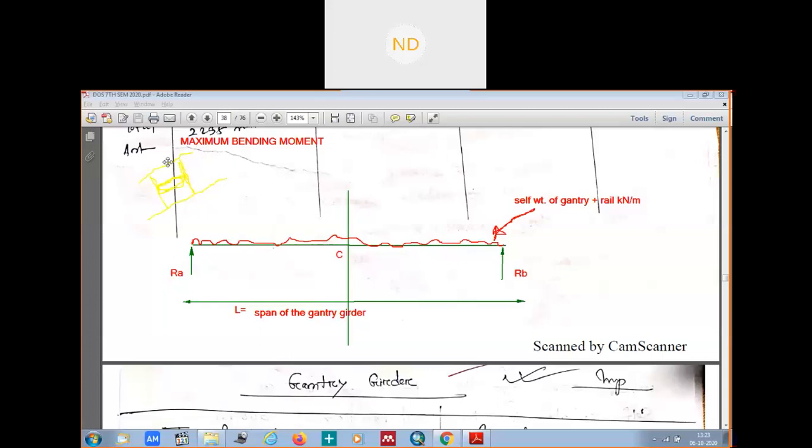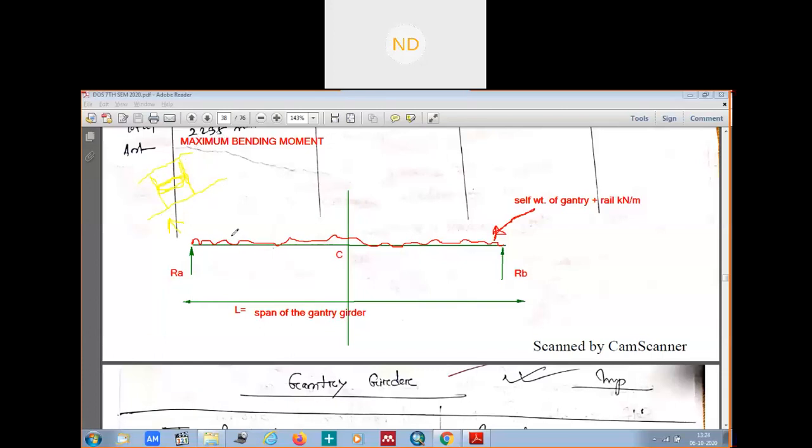So this obviously has wheels on it. Here one, here one, here one, here one. At each end of this leg, there is one wheel. That means there are two wheels on each gantry girder, right? So this crane girder is moving from here to here. Okay, if you see from this side, this is your gantry girder.